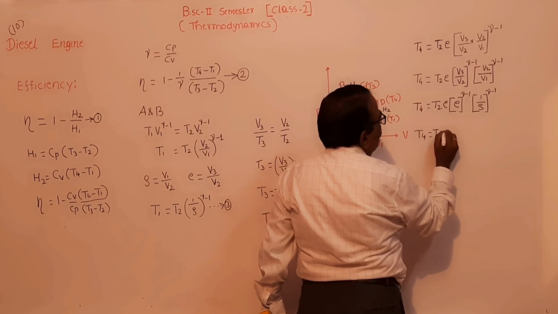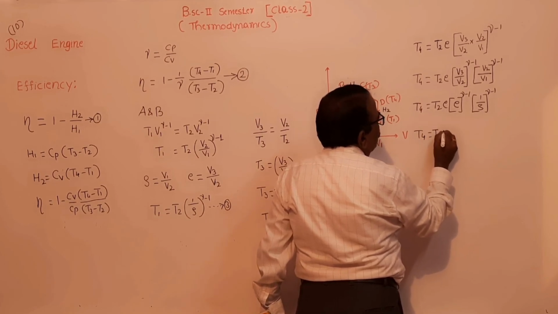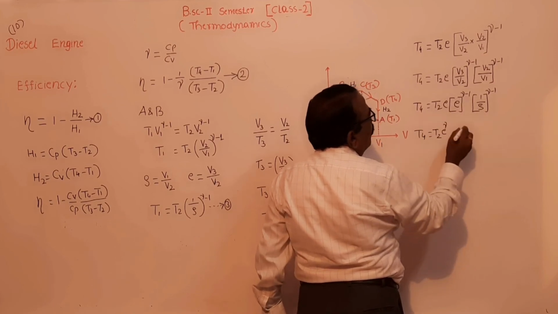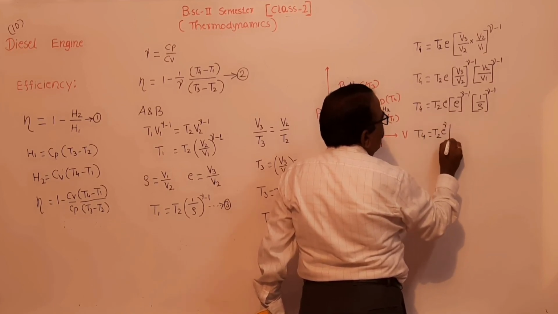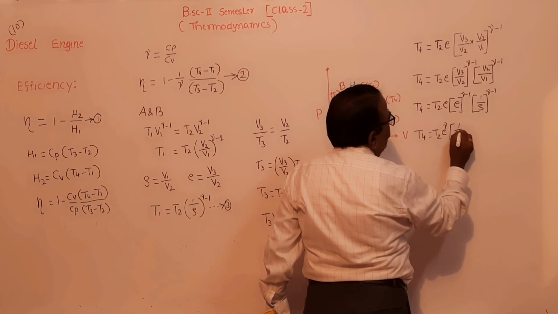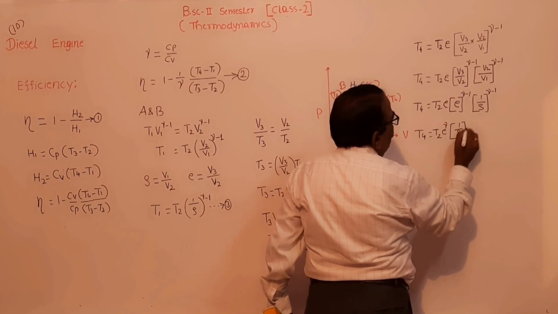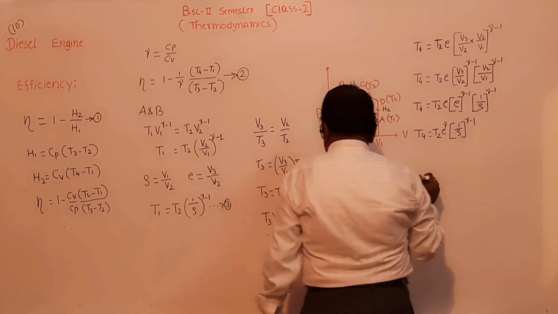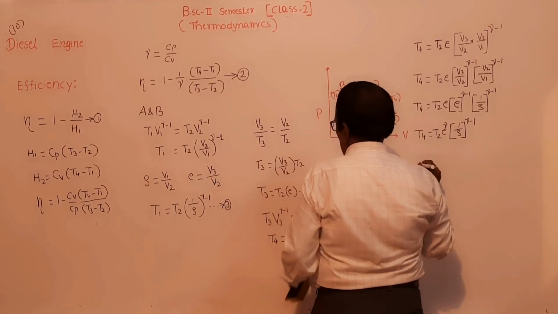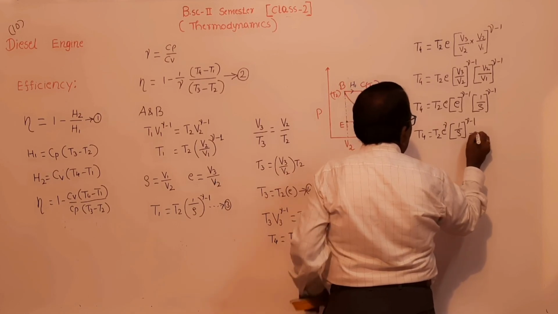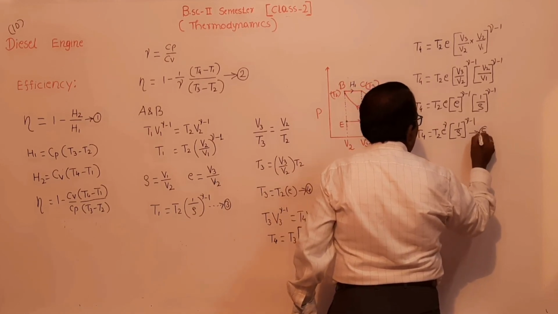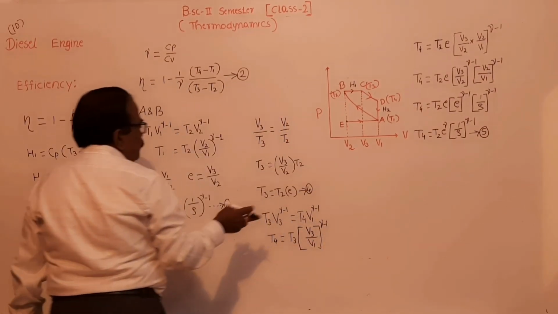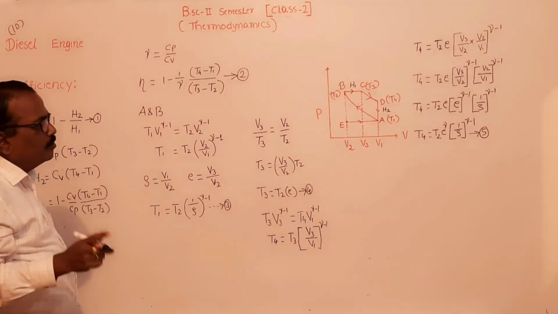T2 into E raised to nu, then 1 upon rho into nu minus 1, and call this equation as 5. So you follow all these steps carefully, because I told that there is a typing mistake in the notes.